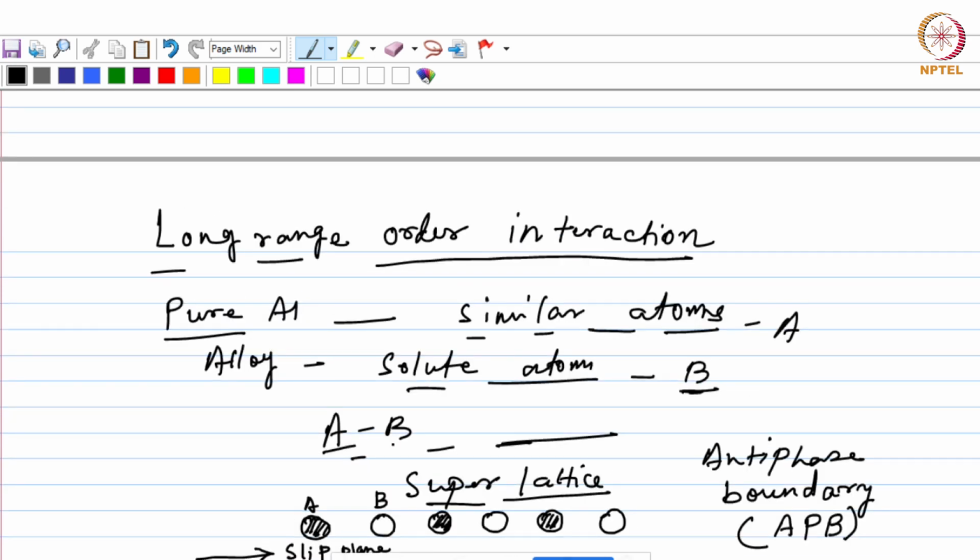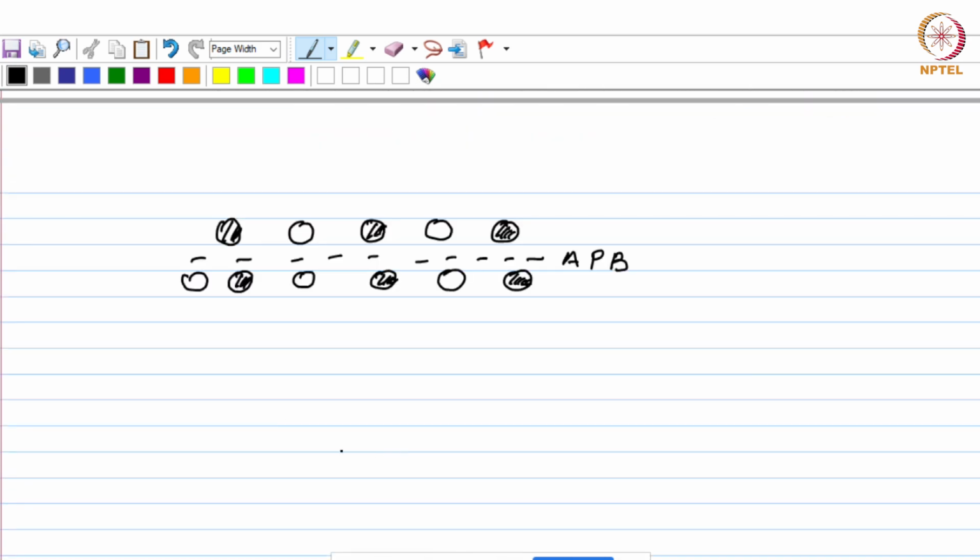Okay, so that's the change which the antiphase boundaries will bring. Okay, and as a result of this, the dislocations will actually split into two ordinary dislocations.